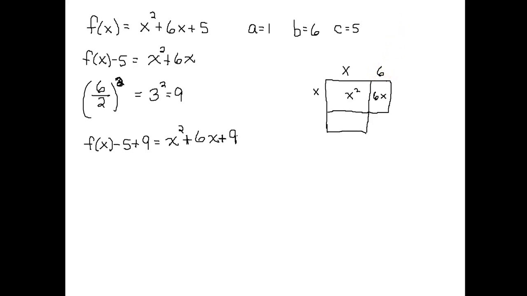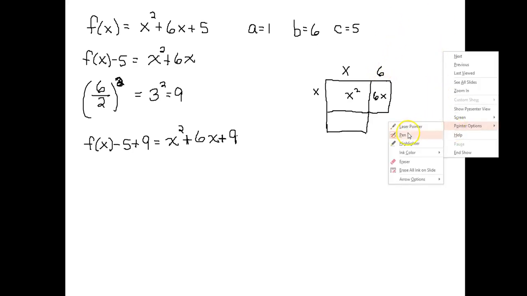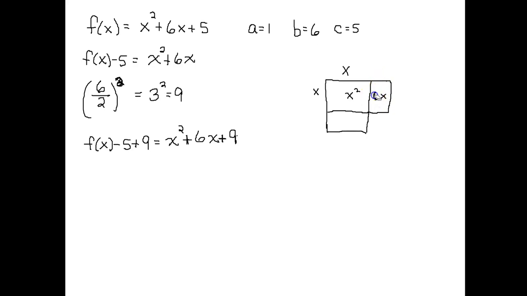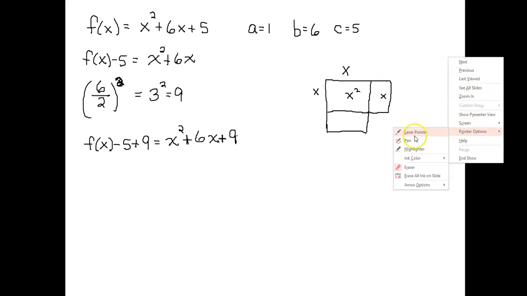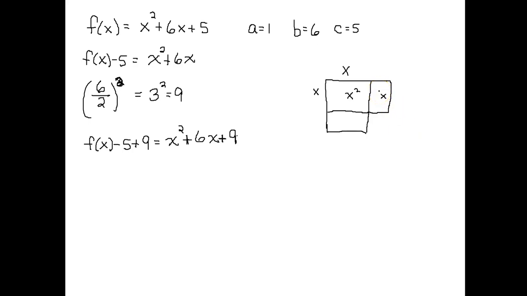Sorry, not 6, 3. So you have x squared plus 3x plus 3x, and you literally want to complete the square right here. So you have 3 times 3, or 9. And then all this added together makes a square: x plus 3 times x plus 3, which is x squared plus 6x plus 9. So you completed that square.